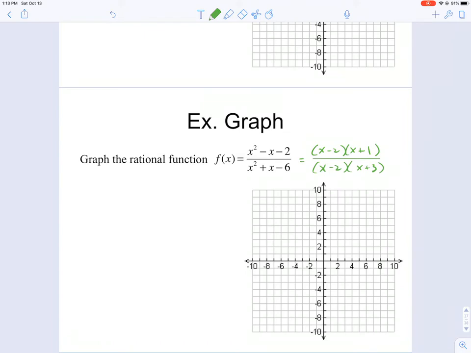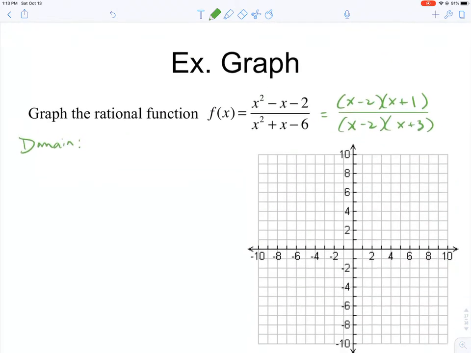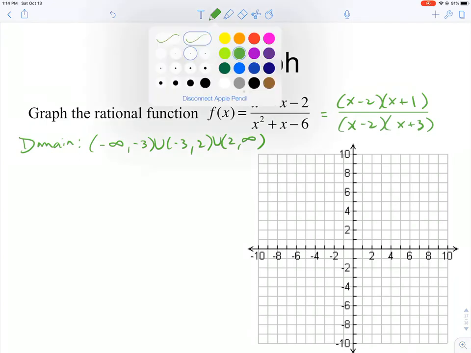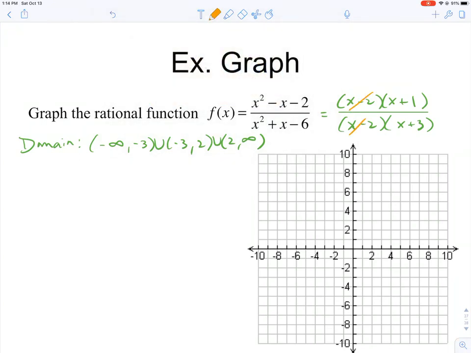Okay, so let's write down our domain before we do any major canceling or simplifying. So it'll be negative infinity to -3 union -3 to 2 union 2 to infinity. Okay, and then we have the common factor in the numerator and denominator. So this actually simplifies to just be x plus 1 over x plus 3.